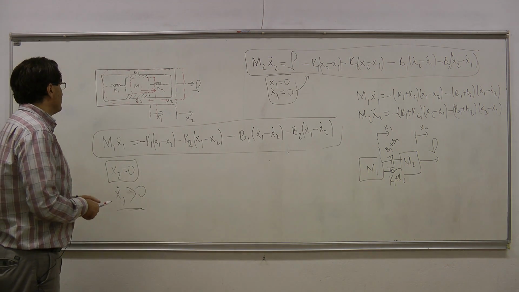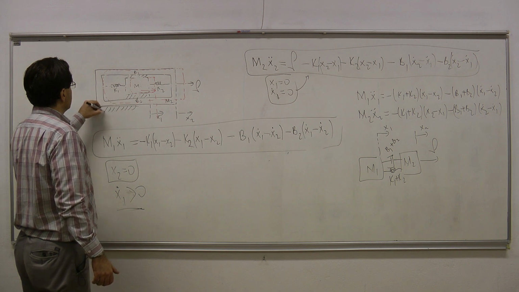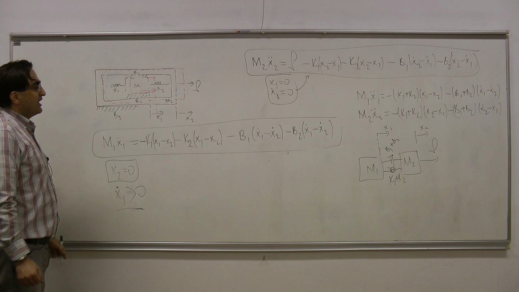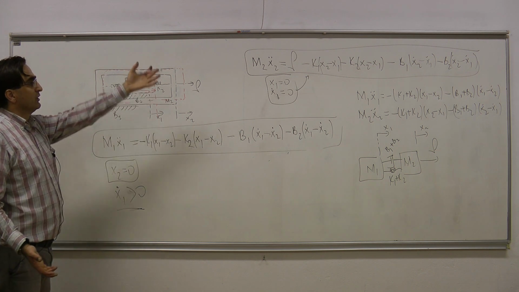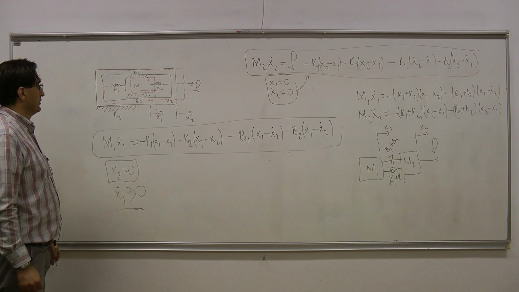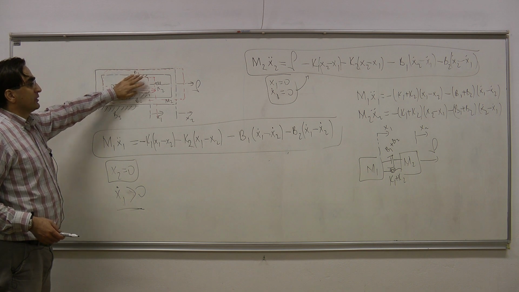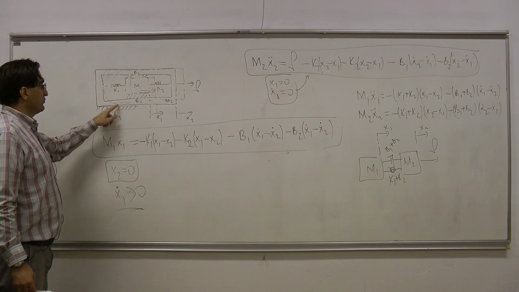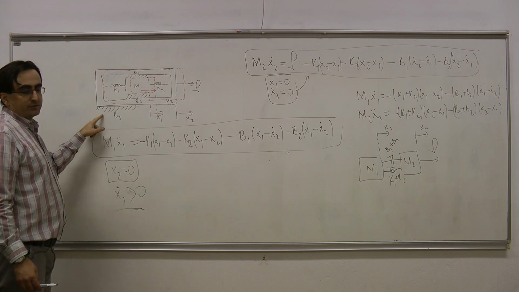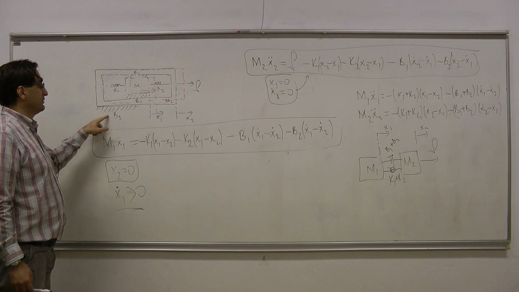So, for example, what would happen if I added another friction here? Okay? B3. Where or how would I change those equations? In that case, I wouldn't change the equation for M1 at all, because this friction is between M2 and the ground.